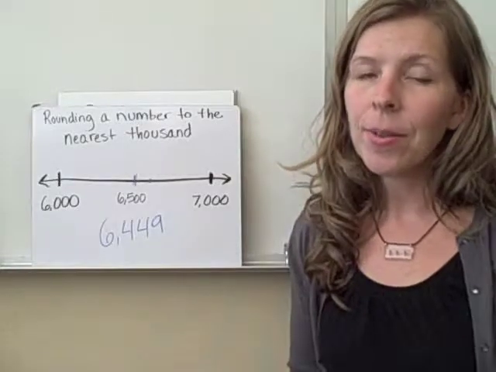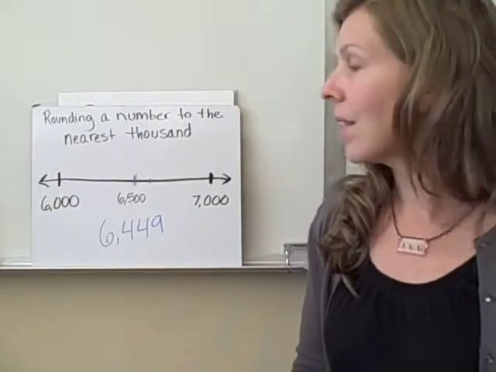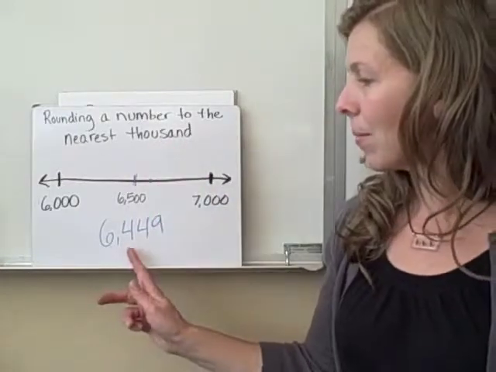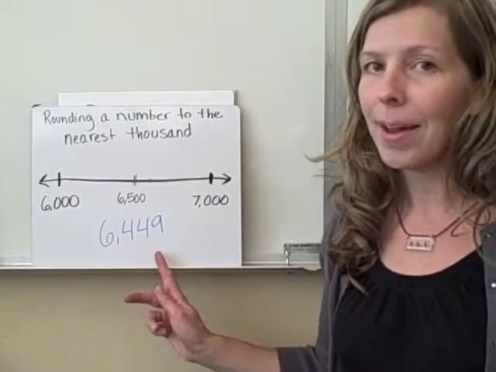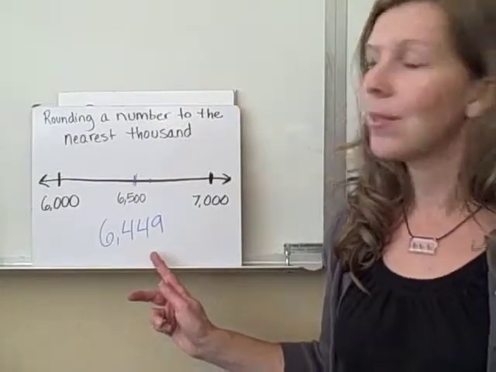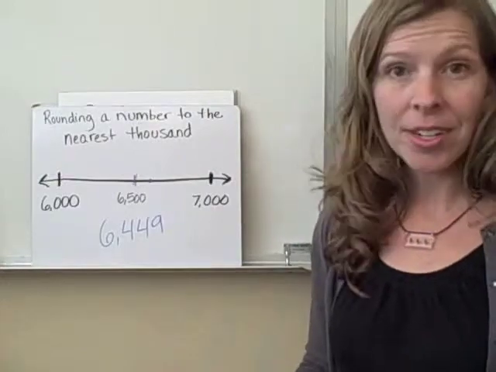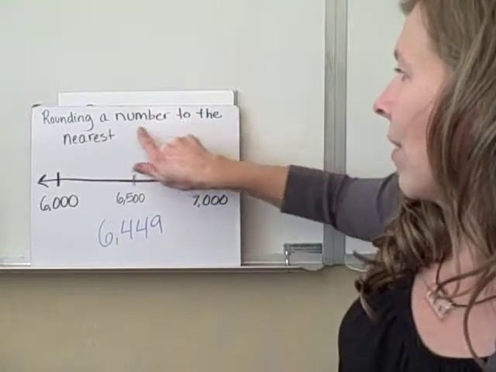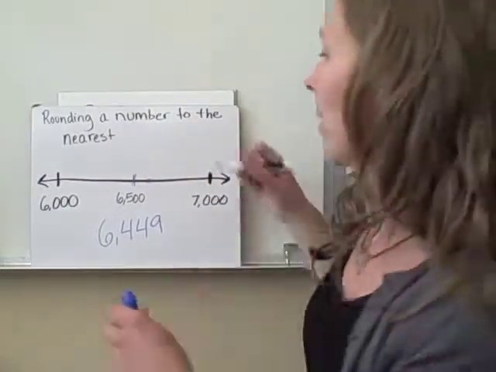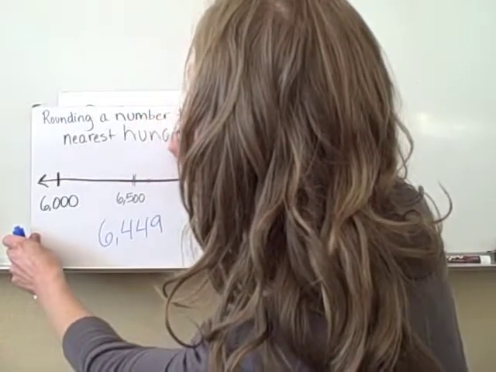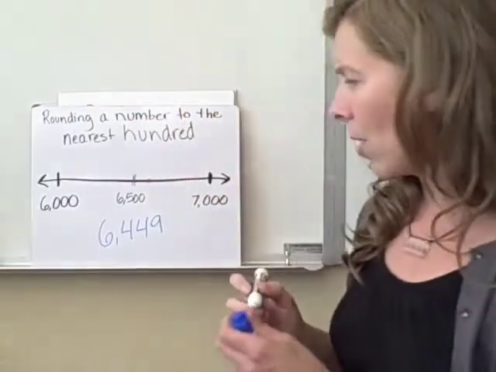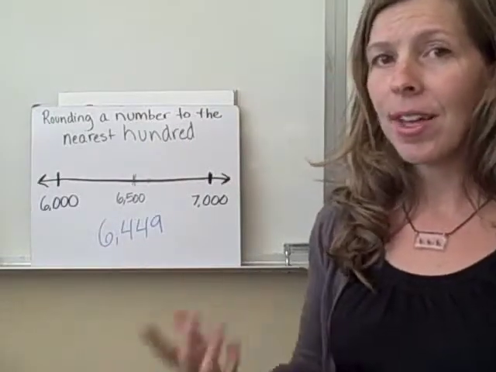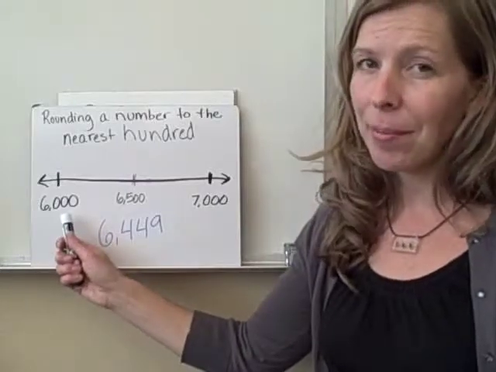What if we change this and we didn't round to the nearest thousand? Let's say we're taking the same number, 6,449, and let's change it to rounding to the nearest 100. Let's try that. So I'm going to change this word from 1,000 to 100. So if I want to take 6,449 and round it to the nearest 100, well, I need to change my number line again too.